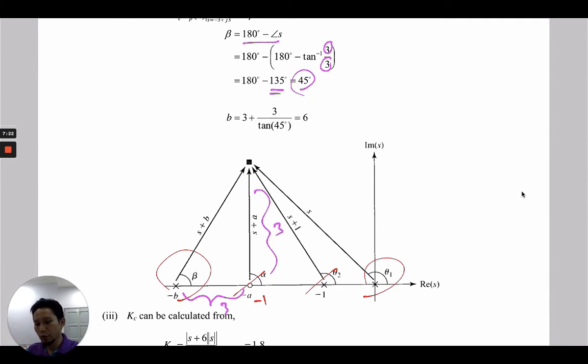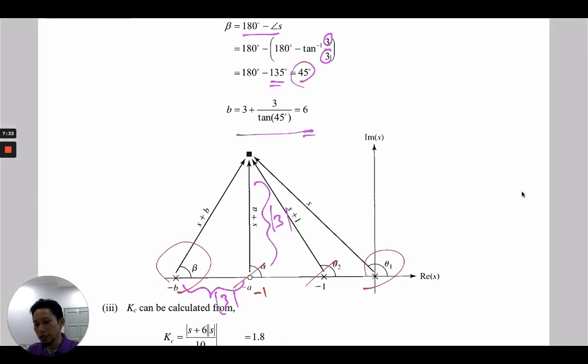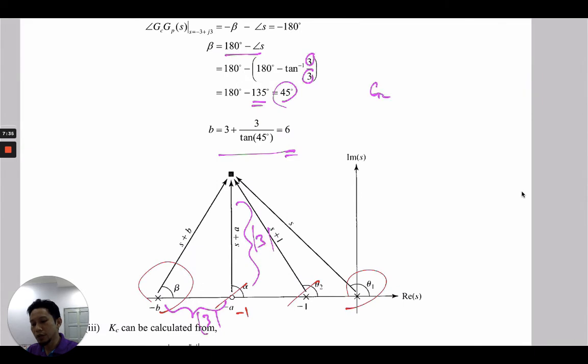We take the absolute value, and the result of this equation is 6. So now we have Gc = Kc (s + 1)/(s + 6).